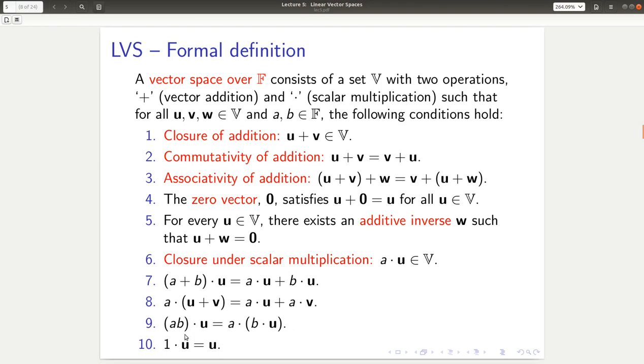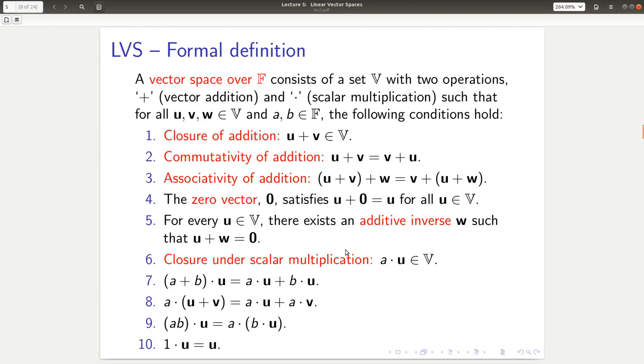And again, like I said, we have to be mathematically precise, so there is the multiplicative identity in the scalars: 1 times u is u. These 10 properties give a formal definition of a linear vector space.